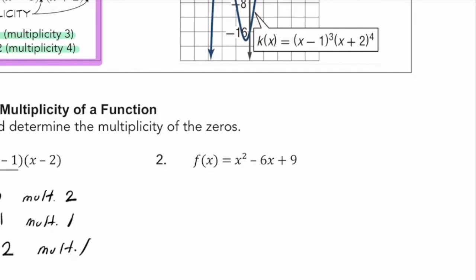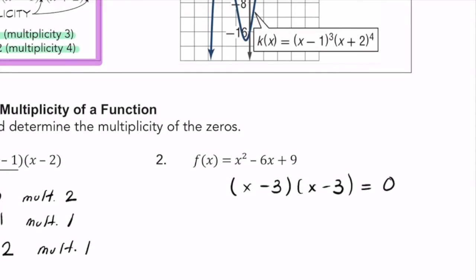Number 2 is in standard form, so in order to find the zeros, I would have to factor this. I have x squared minus 6x plus 9. Think to yourself, what 2 factors multiply to equal positive 9 and add to equal negative 6? That would be negative 3 and negative 3. This factors out to x minus 3 times x minus 3, and we set them equal to 0.